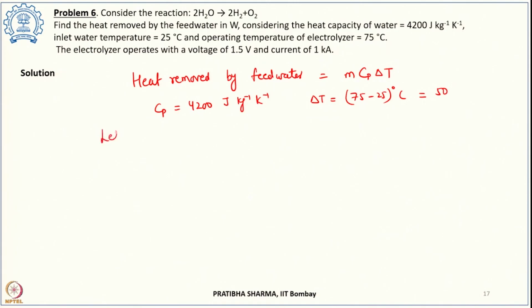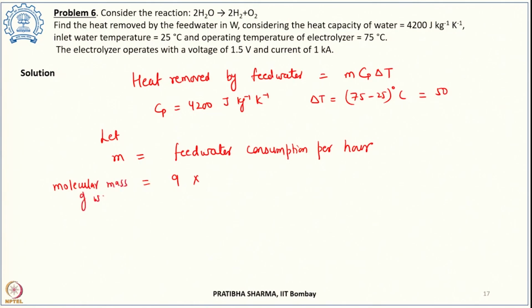Now let us assume that the feed water consumed per hour is given by m, and that is 9 times the molecular mass of hydrogen.